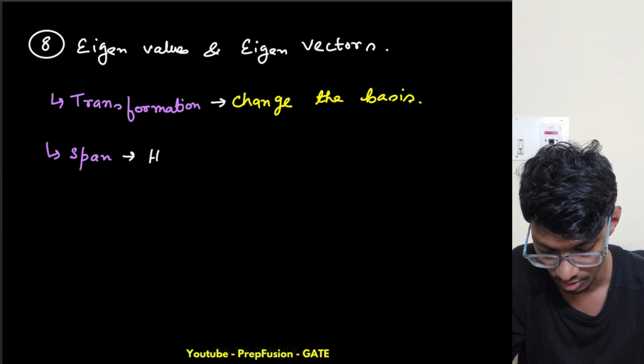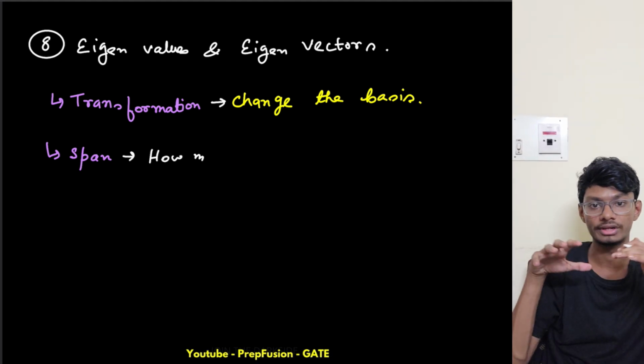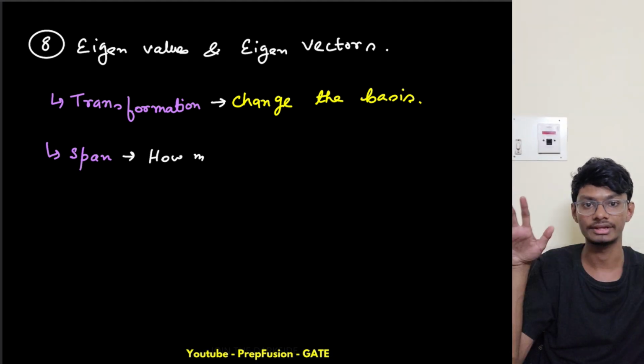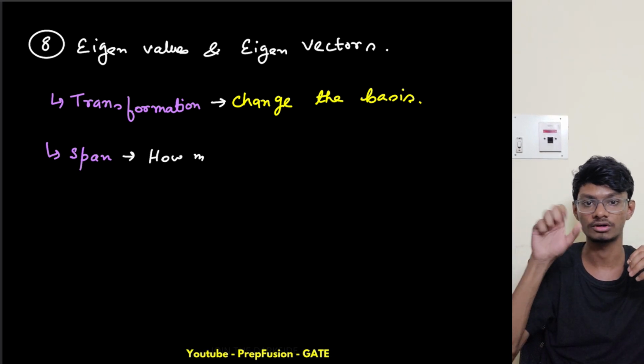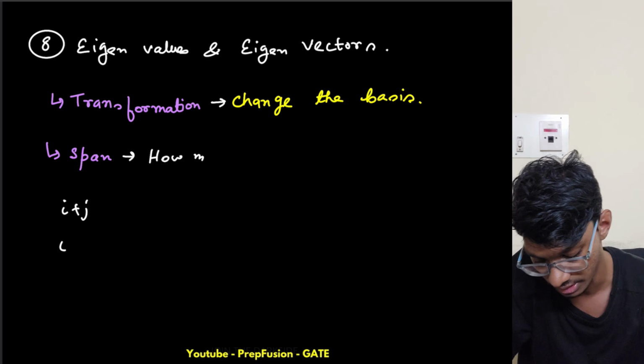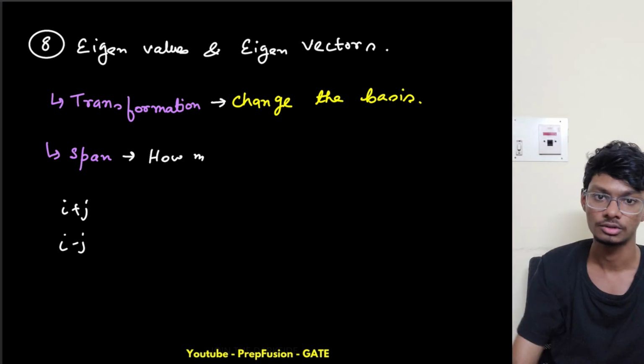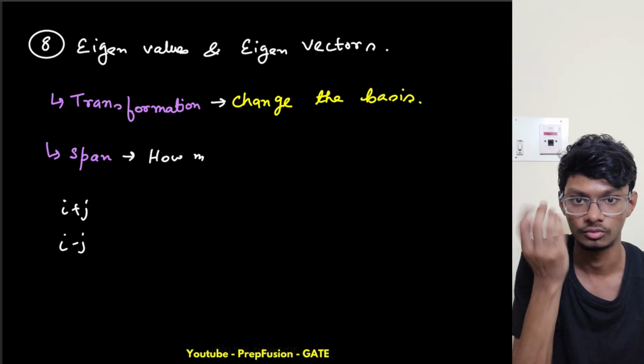Let's say for a 2D, if I am able to cover a particular two dimensional space, I will say that my span is 2D. So with i plus j and i minus j, I'll be able to cover all of the 2D plane, then my span will be 2D only, two dimension.